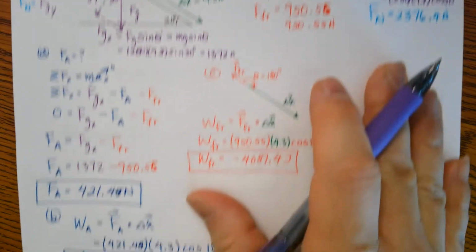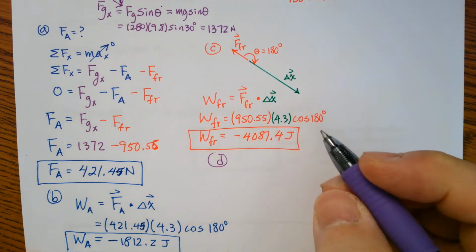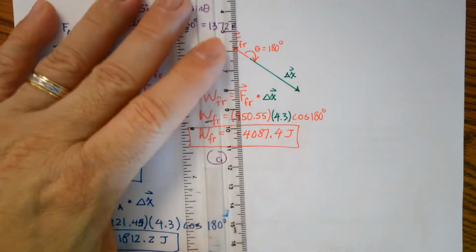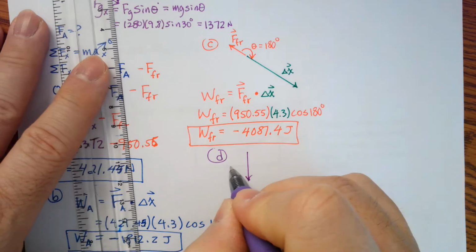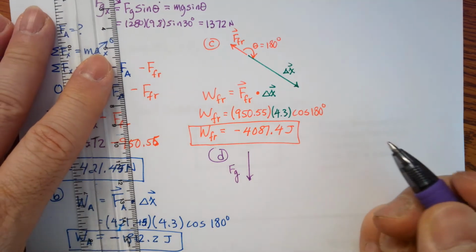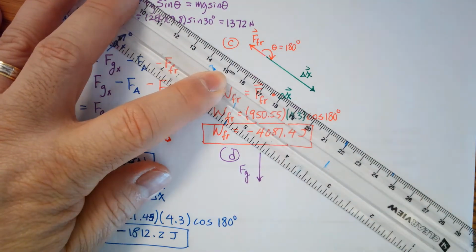So for part D, I want to know how much work force of gravity is doing. So here's my Fg, and here's my delta x.